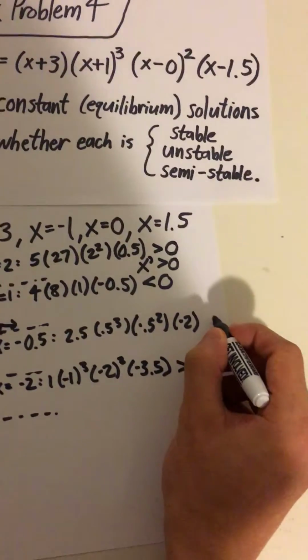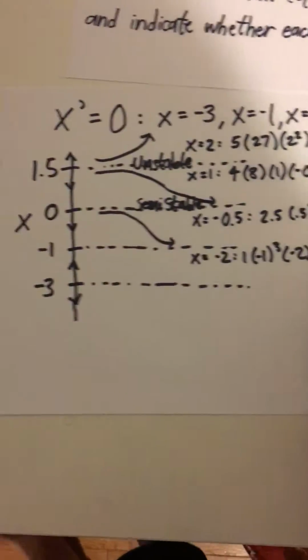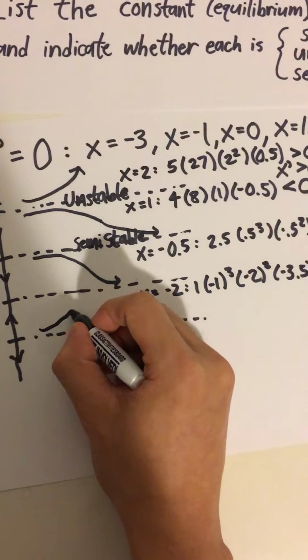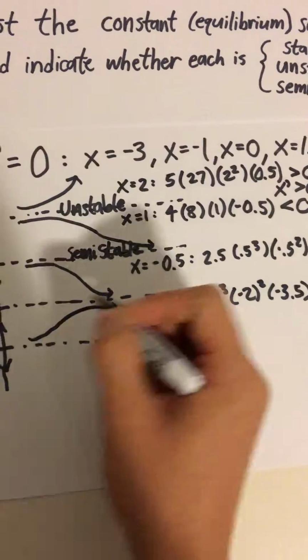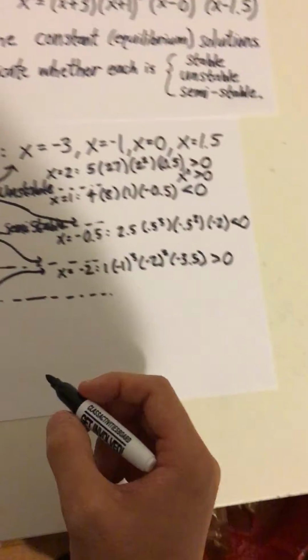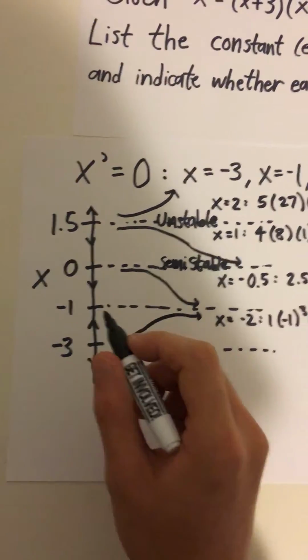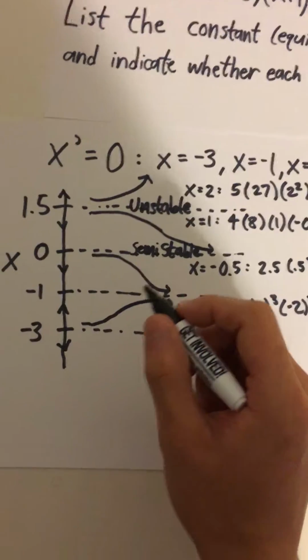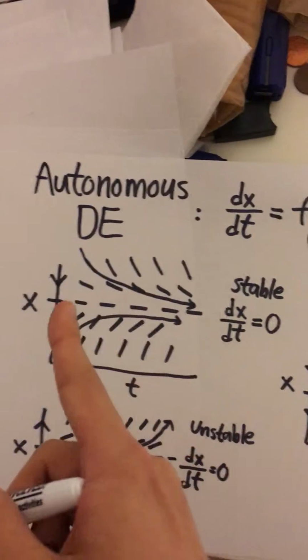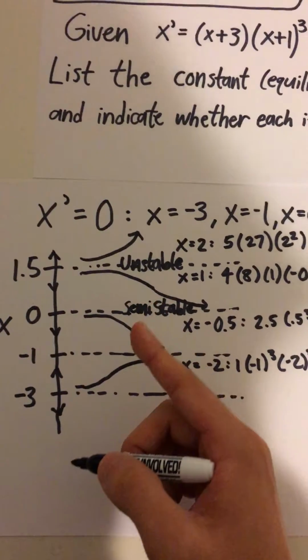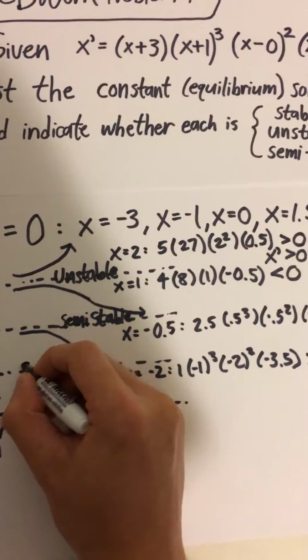Indeed, it's increasing, so our solution will look something like this. As we can see, the solutions are converging upon this x equals negative 1 solution. So in this case, when it comes down and it comes above, this is going to be a stable solution.